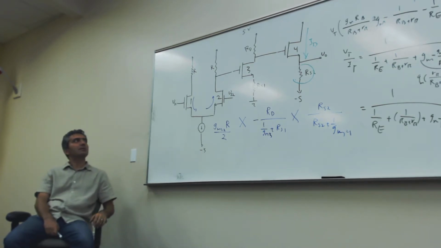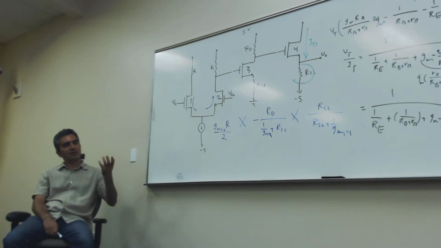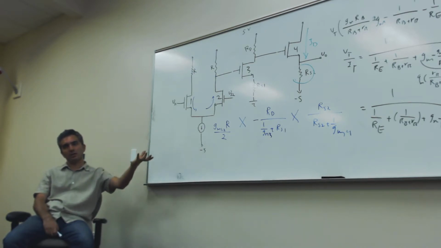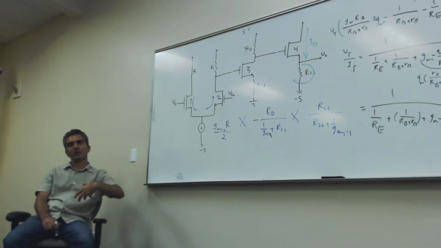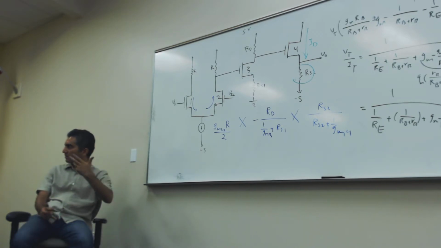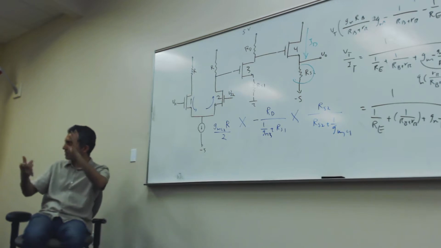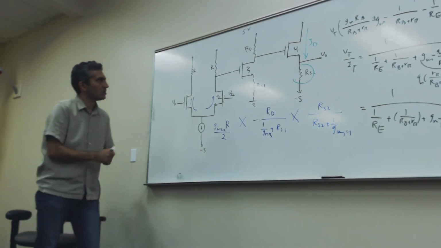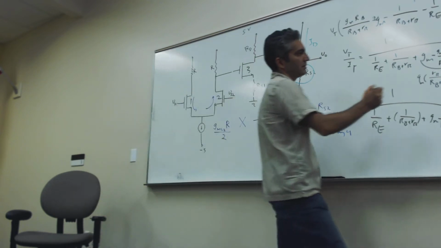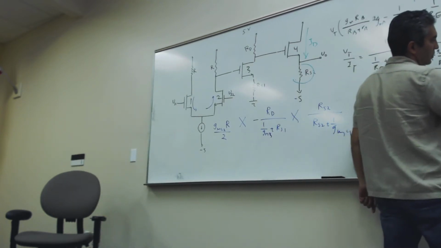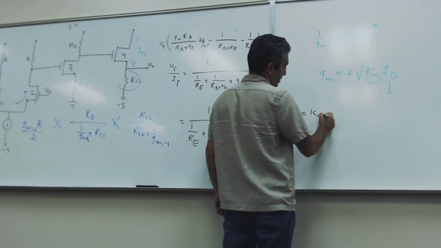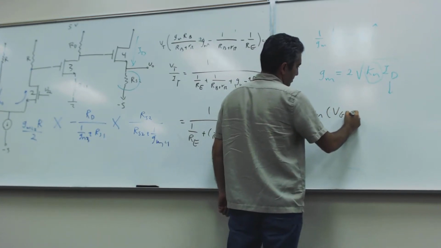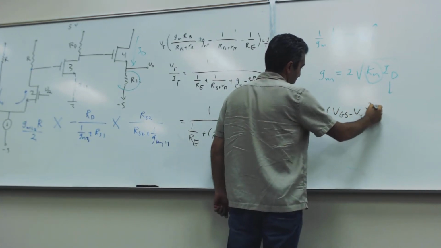In other words, what happens is that if you pass a certain amount of current through this transistor and you get a certain value of VGS, basically current and VGS, the DC values, are related to each other, right? So ID is equal to Kn (VGS minus VT) to the power of 2.